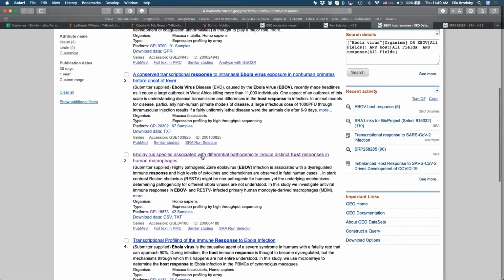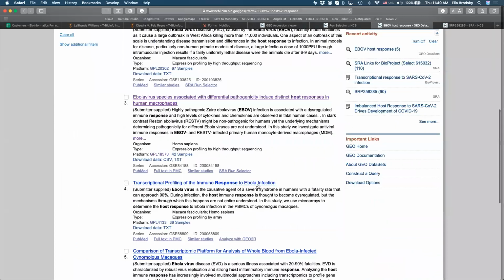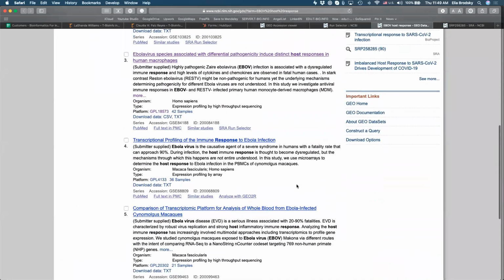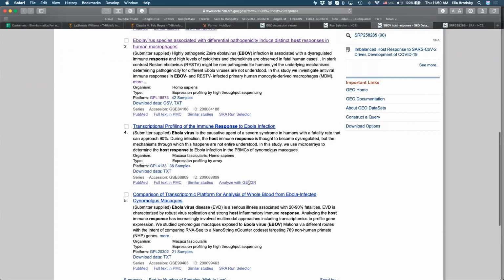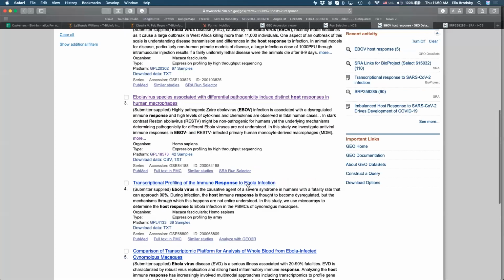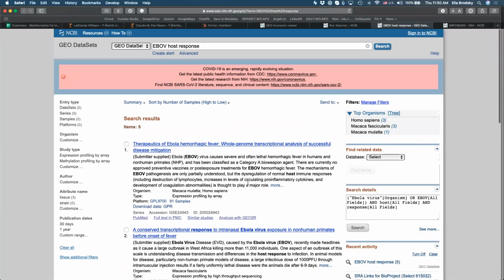Ebola virus species associated with differential pathogenicity induced distinct host responses in human macrophages. Transcriptional profiling of the immune response to Ebola infection. And comparison of transcriptomic platform for analysis of whole blood from Ebola-infected cynomolgus macaques. So I think it addresses a lot of the different questions that we discussed here.